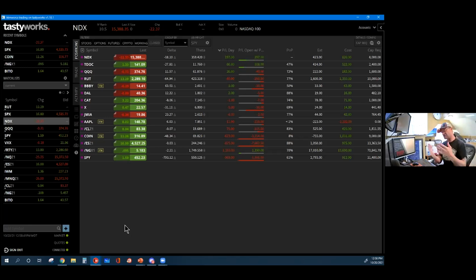And each trade has its own unique ROI potential. How much could it potentially make? And you guys know that there's sort of an inverse correlation between those 2 numbers. The higher the probability of success in the trade, the lower the ROI potential, generally speaking.